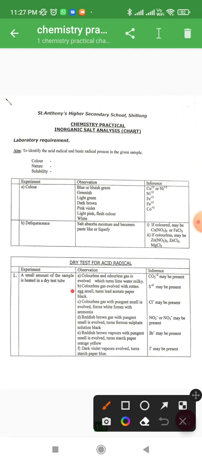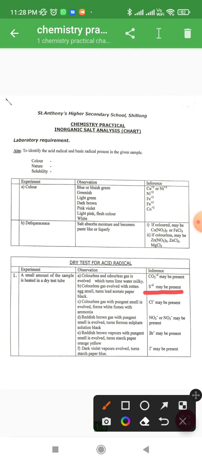Then you will write the second observation. No colorless gas evolved with rotten egg smell to turn lead acetate paper black. You can see it's written here, but we are making some changes. When it is absent, we are writing to turn lead acetate paper black. So here what you have to write? Sulfide may be absent.